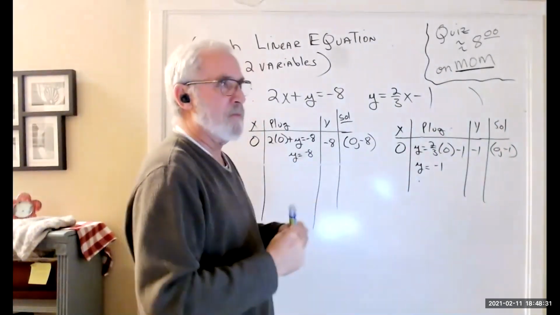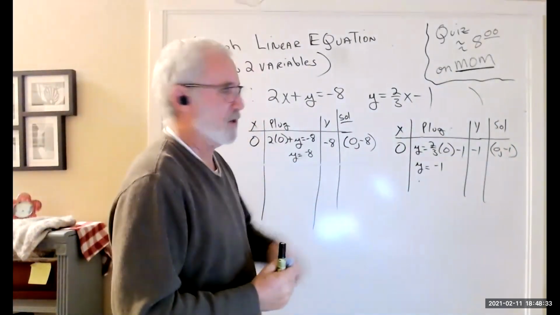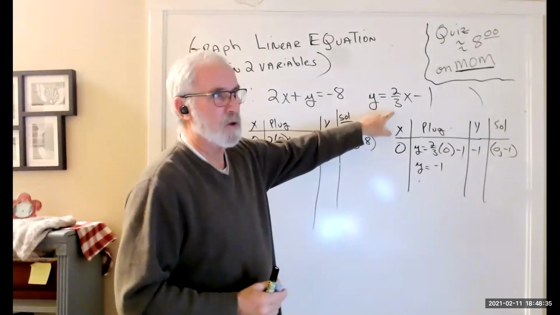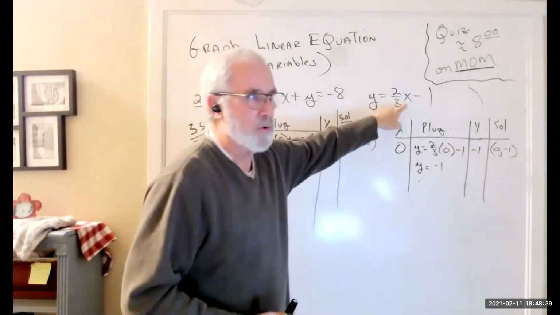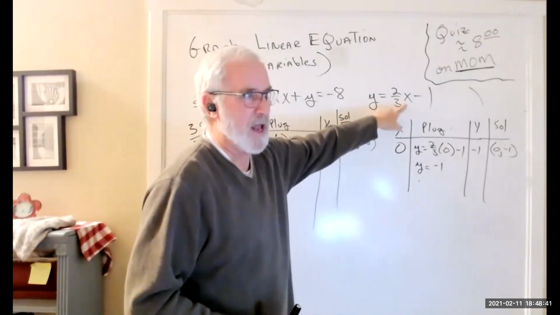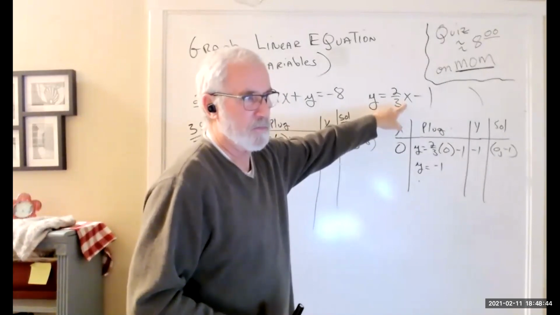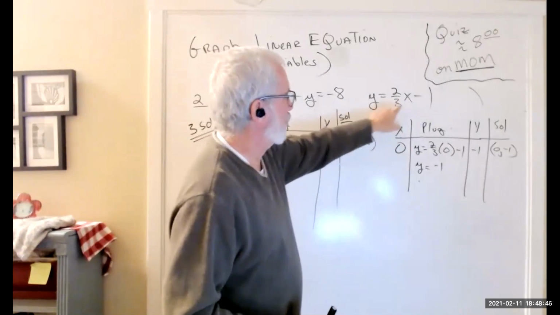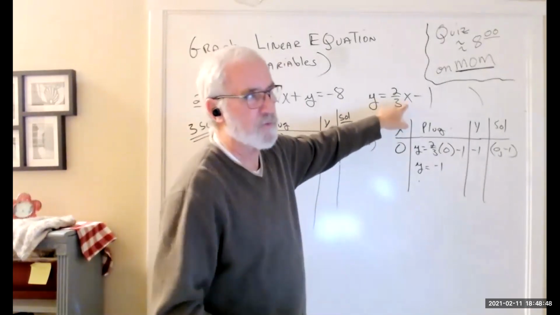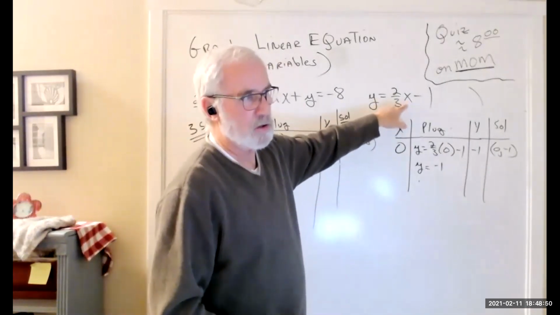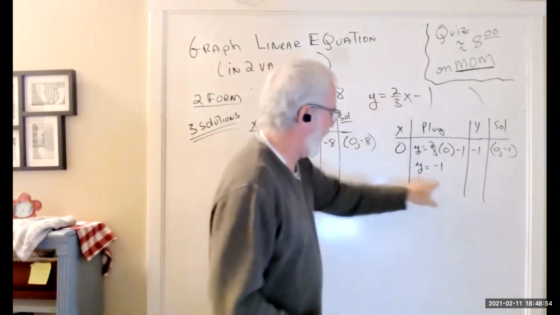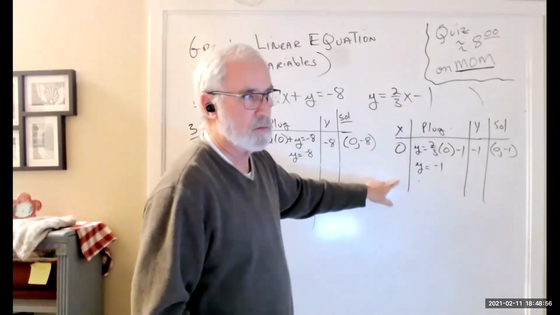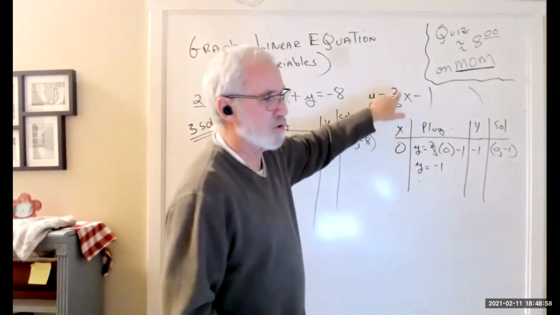But I want to force you to think about this problem. 1 would be a horrible number to randomly pick for x, because you'd have to go 2/3 times 1 and have fractions. 2 would be a horrible number to pick for x. I wouldn't pick a 2, because again, you're going to have fractions.